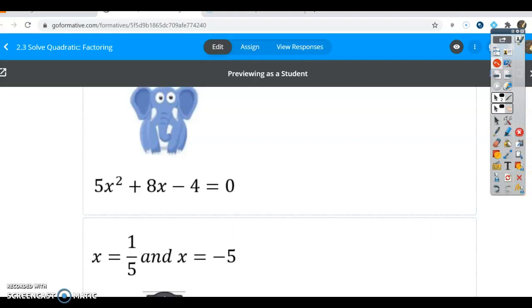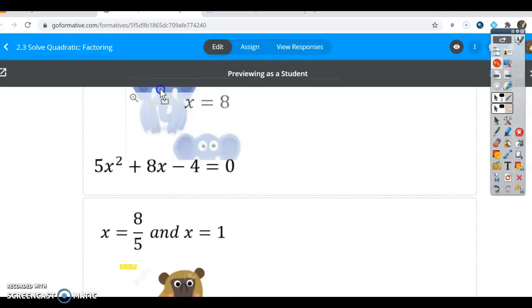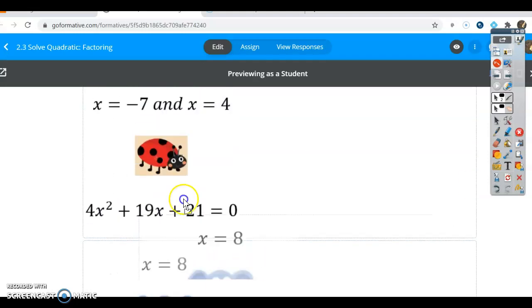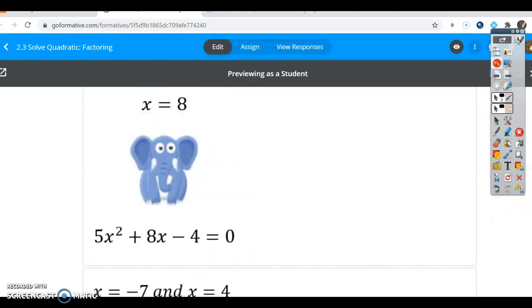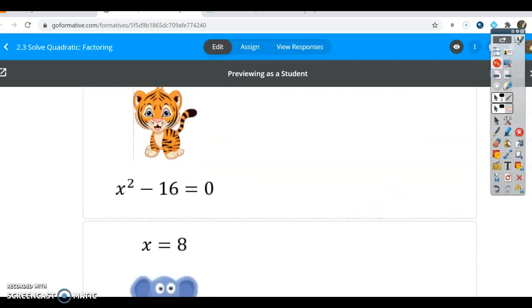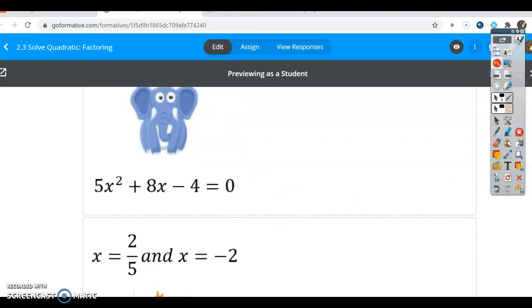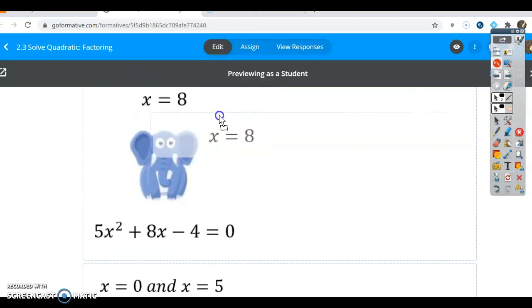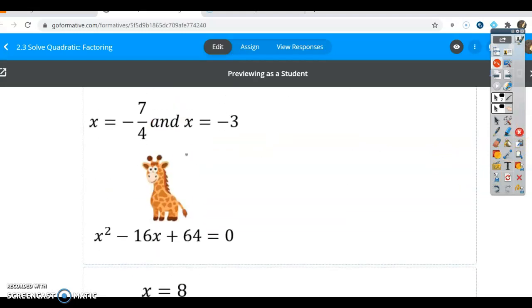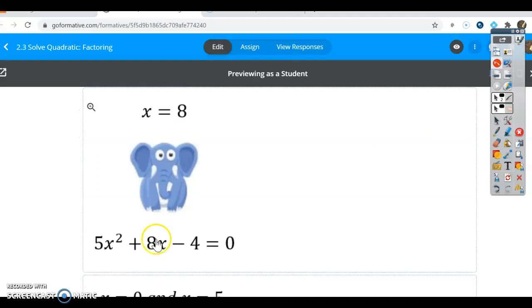There we go. Almost there. Nope, not almost there. Oh, now I'm there. Okay, so I first started with the giraffe, and now I'm at the elephant.